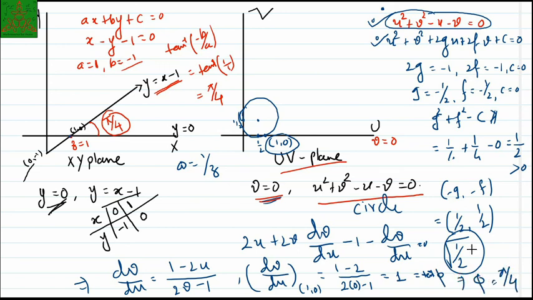So that means the angle of its tangent, if you consider this as a tangent here, making the angle with the positive x-axis is also pi by 4. So here we have pi by 4 and here we also have pi by 4. So that means we can say that this map is angle preserving.